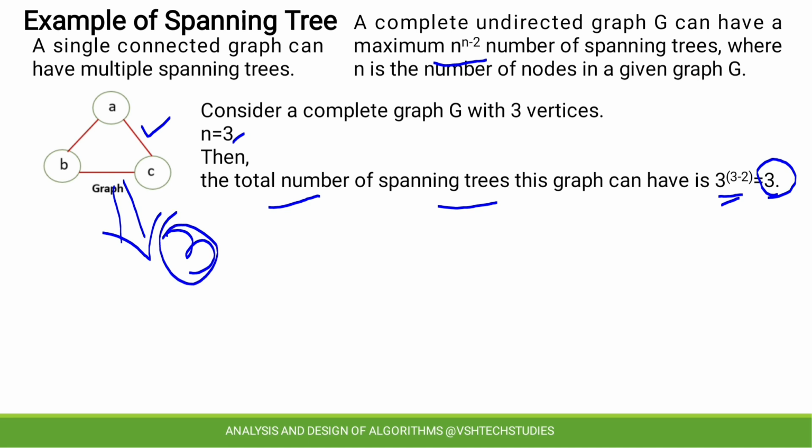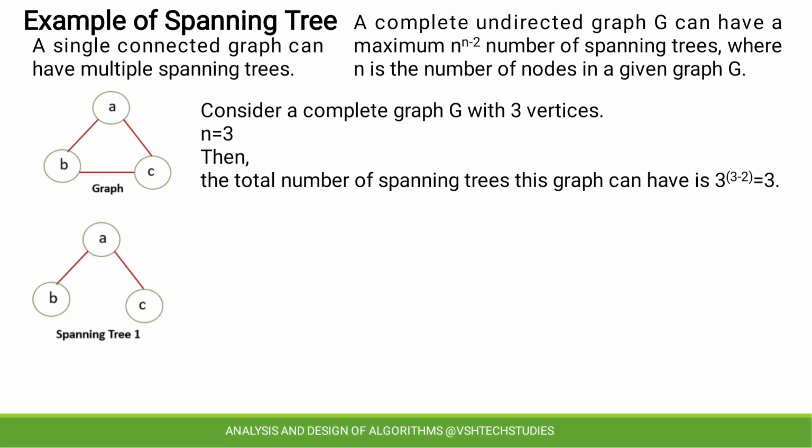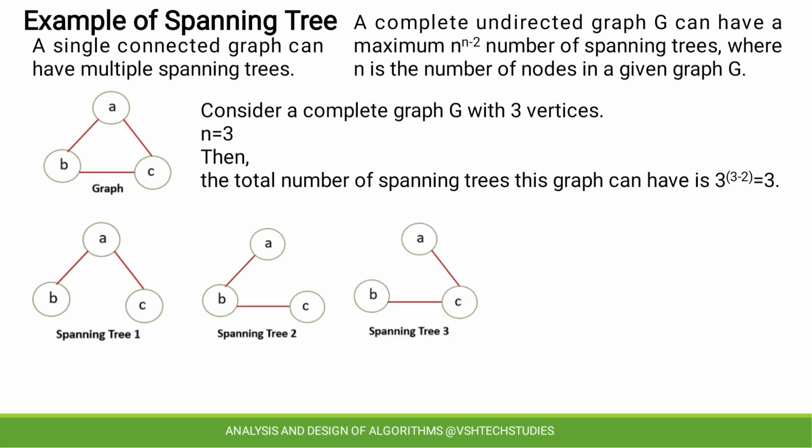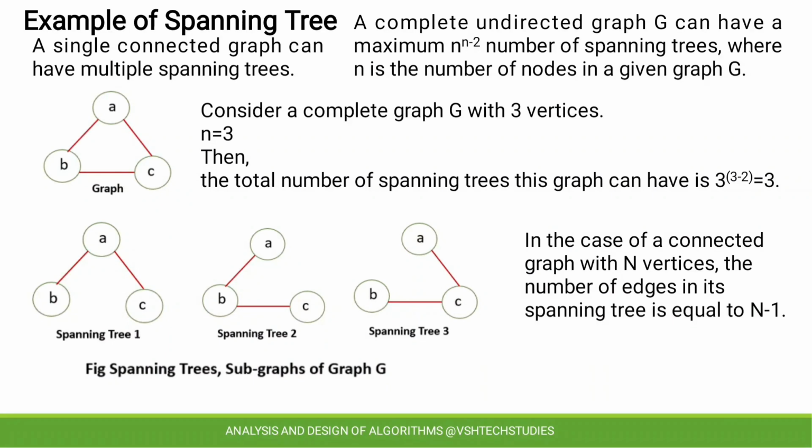That we shall see next. So this is spanning tree 1, second spanning tree, third spanning tree. These are the 3 possible subgraphs, spanning trees, for this given graph. If you recall the point, if in the given graph there are n vertices, the number of edges in each subgraph, that is in the spanning tree, will be n minus 1.